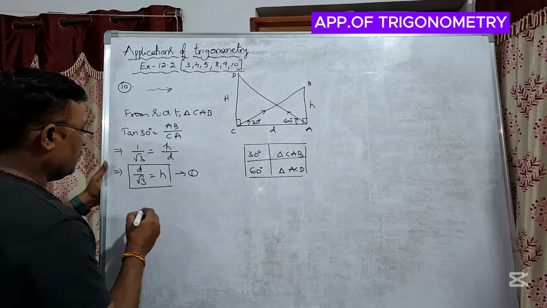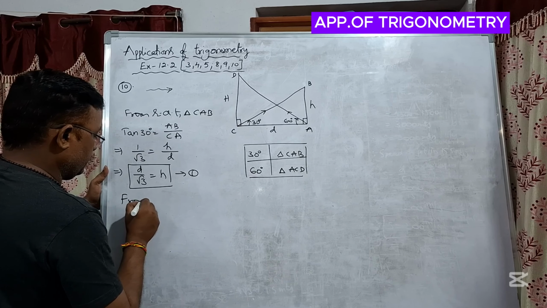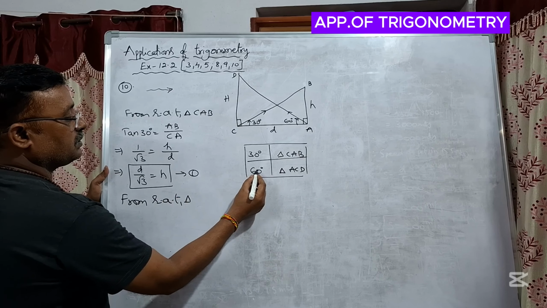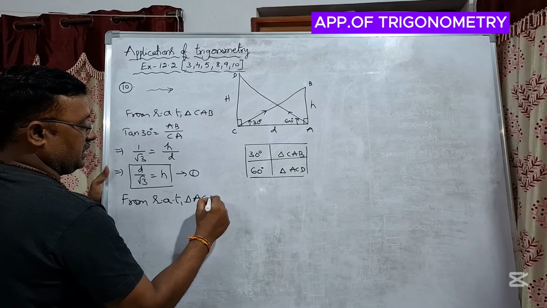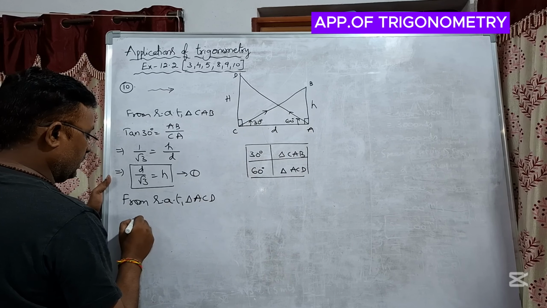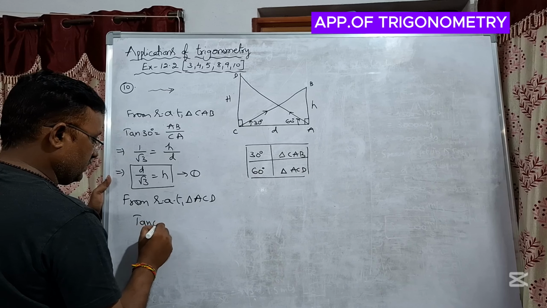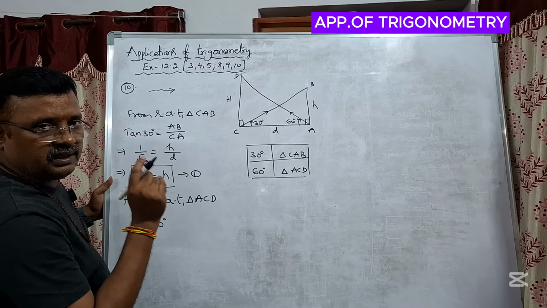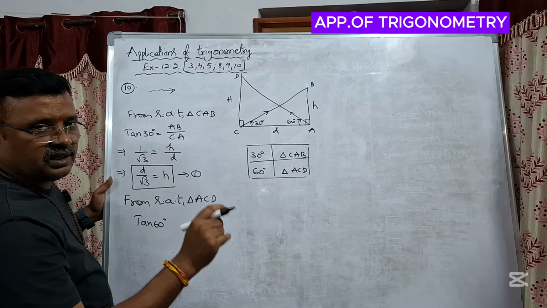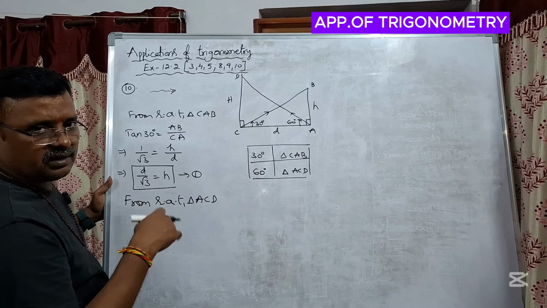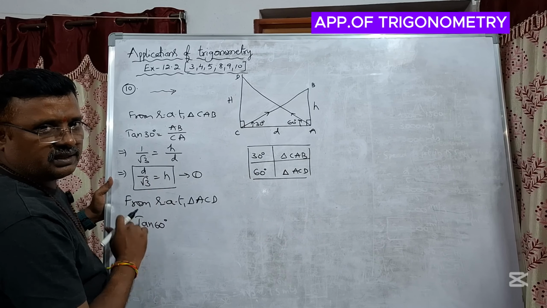Okay, Nana? From the right angle triangle for 60 degrees, related ACD, tan 60. Why am I using the tan value? Unless the question is related to the hypotenuse, we are not supposed to take sine or cos. Better to take tan.